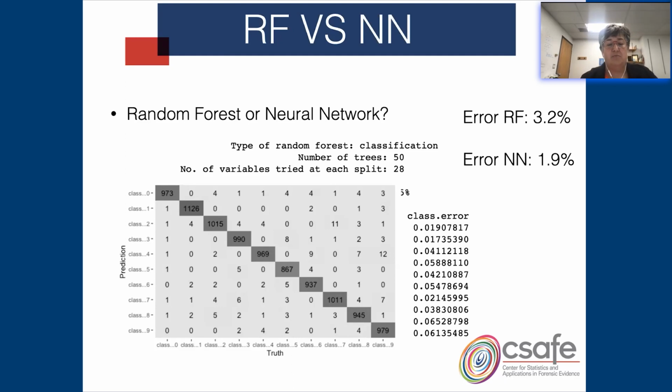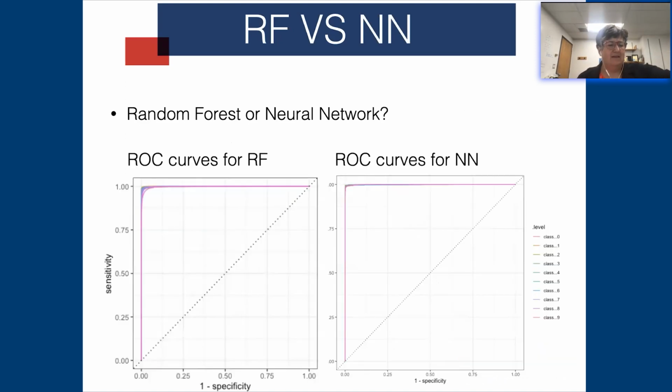There's also no problem with 4s versus 9s. That problem is solved in the one direction. It's a little bit harder for the neural network to distinguish 9s from 4s. So the inverse problem is now a little bit harder. But overall, you can see how those numbers are generally smaller than the random forest numbers. So what do we gain?